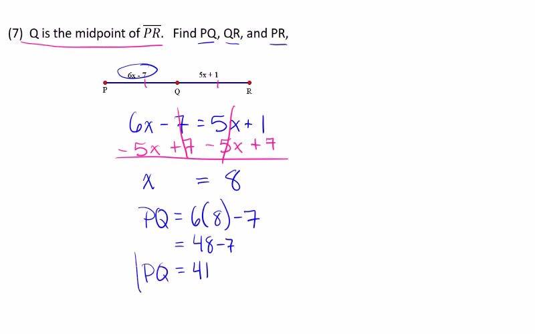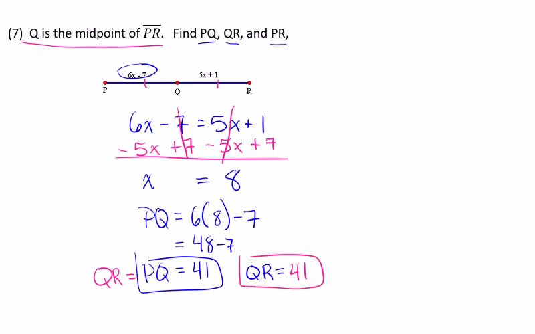Now QR, we could plug in x and do 5 times 8 plus 1. That would be a good way to check our work, but we already know what it should equal. We know that these are congruent, so PQ should equal QR. So you could put QR equals PQ equals 41, or you could put QR equals 41, either way.